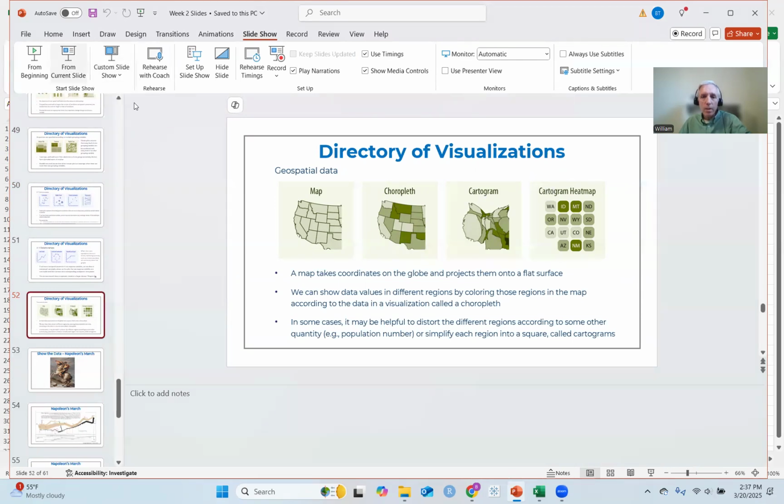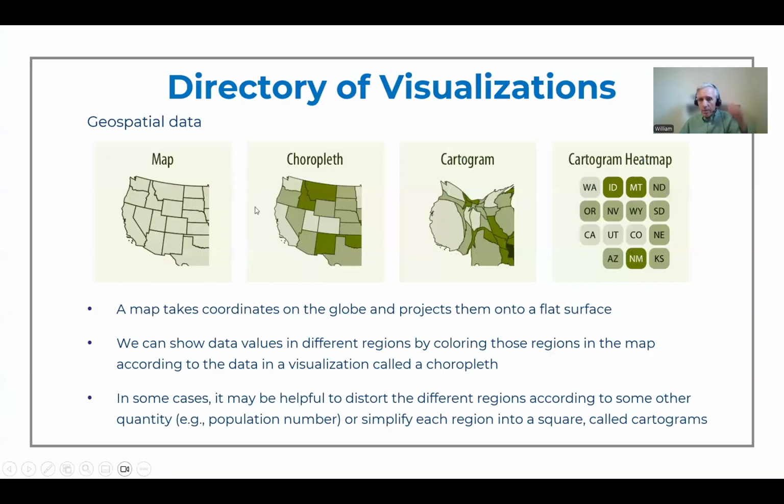All right, this one. As I mentioned, a map is a two-dimensional projection of a three-dimensional area. The Earth is round, and so we've taken a round surface and flattened it into a map.